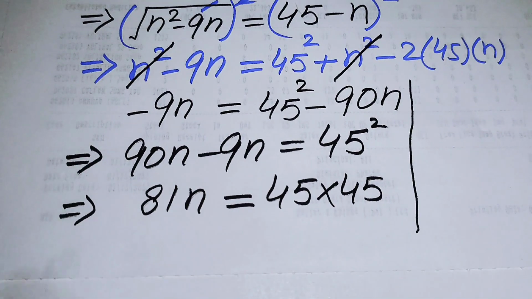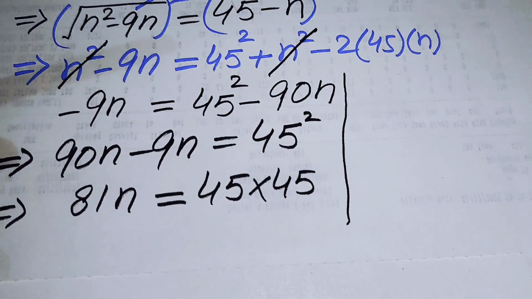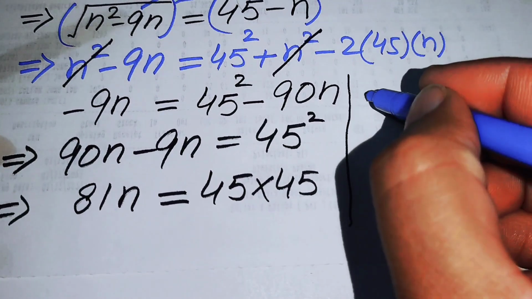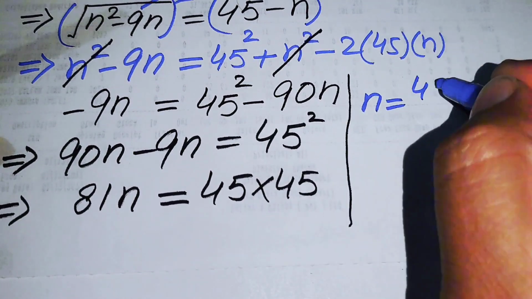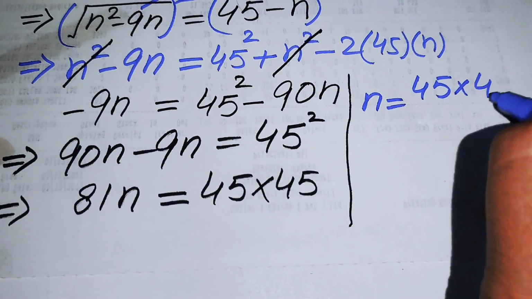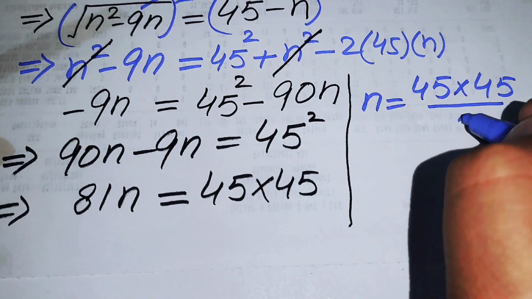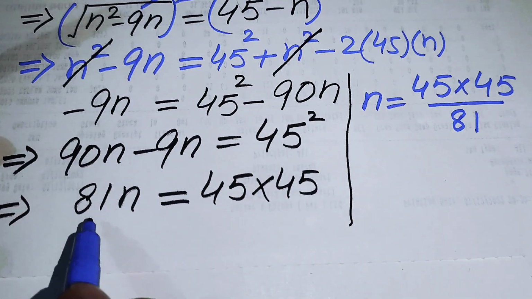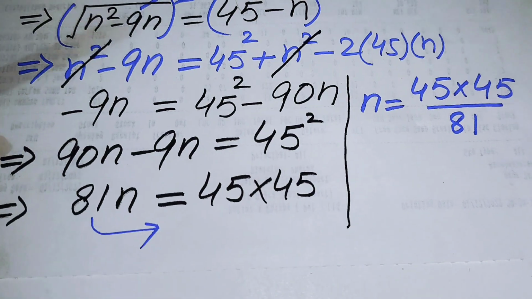In the next step we move 81 to the right hand side, and we obtain its output in this form: n equals 45 multiplied by 45 whole divided by 81.